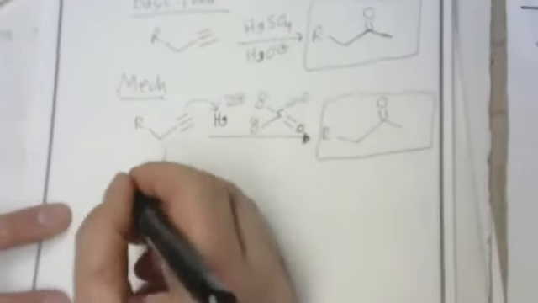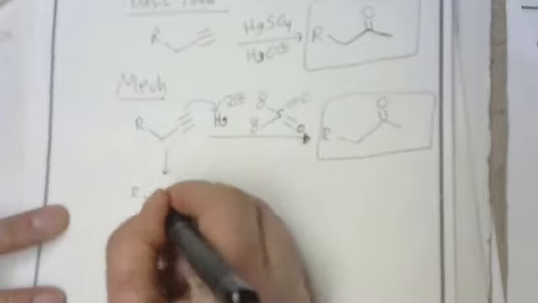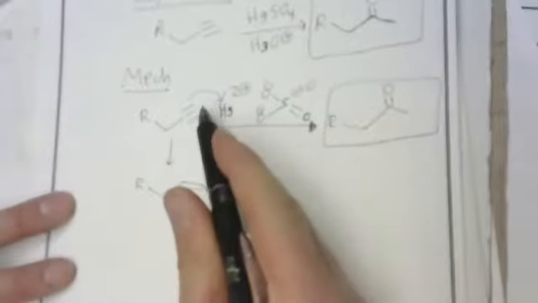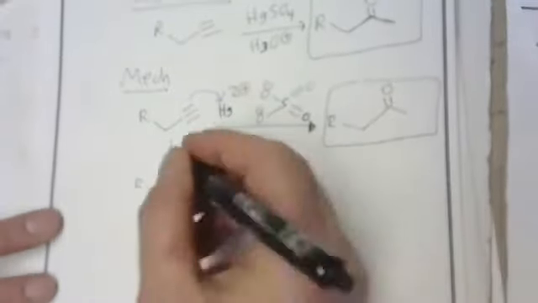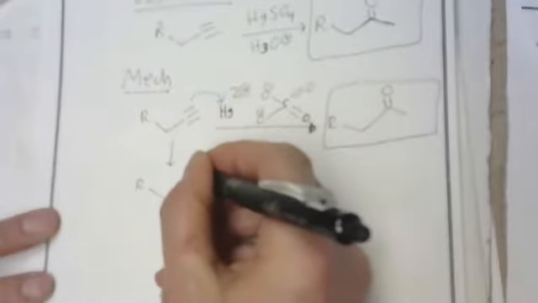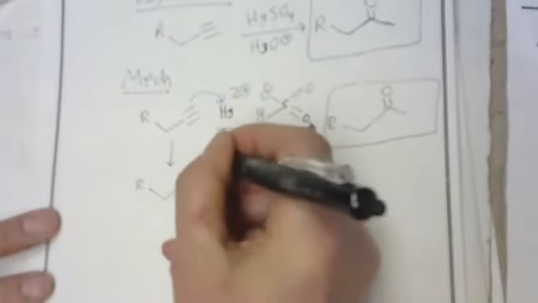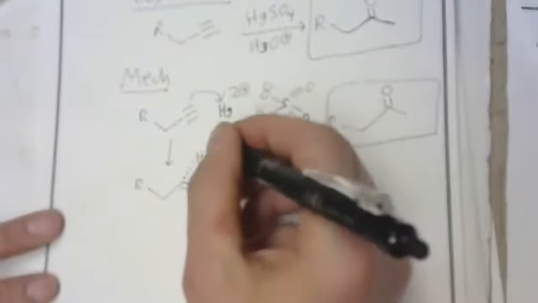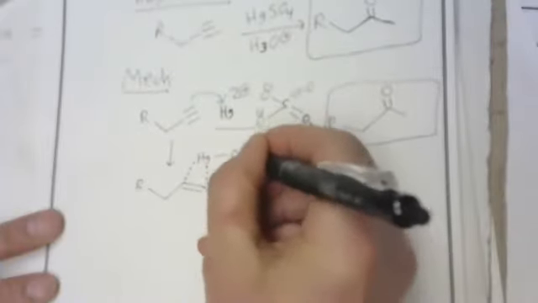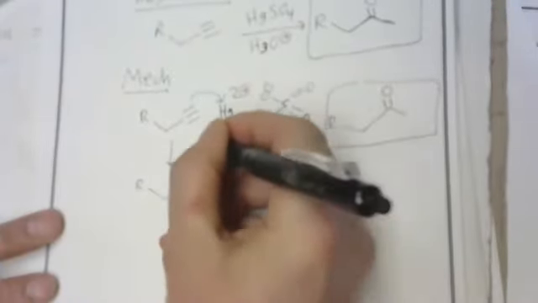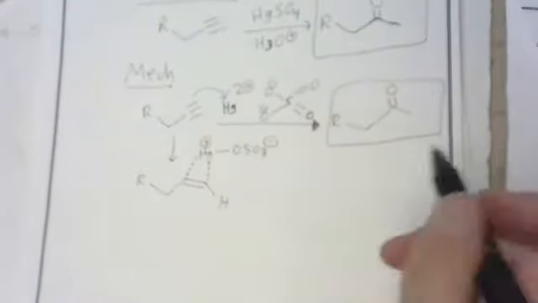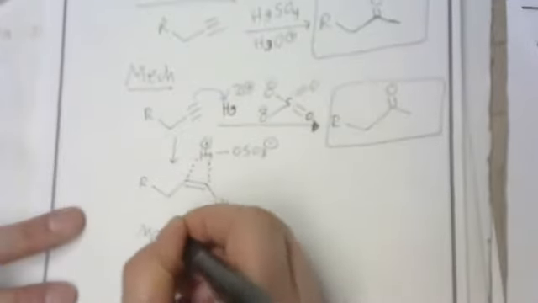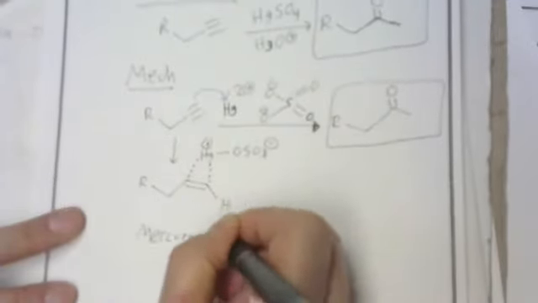So now we just have to redraw the mercuronium for this one. We still have the H from the end of the alkyne. It's drawn a little funny, like dot, dot, dot, dot, dot, Hg, dot, dot, dot, dot, and then we have O, SO3 minus on the end, and a plus charge on mercury. That is the funny looking mercuronium that you get for alkynes.